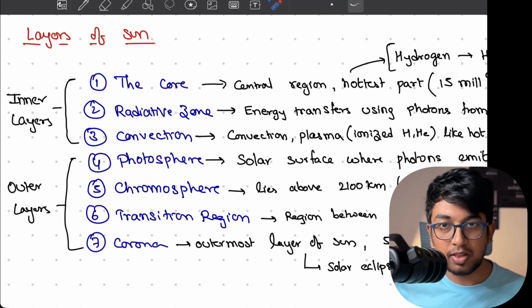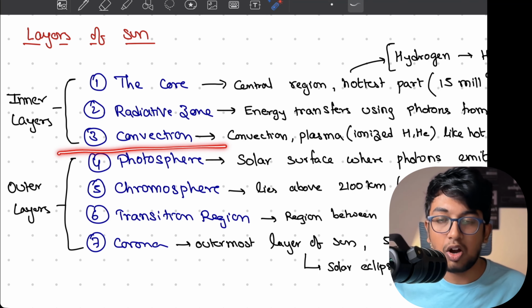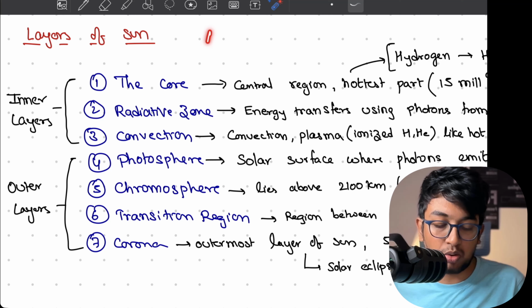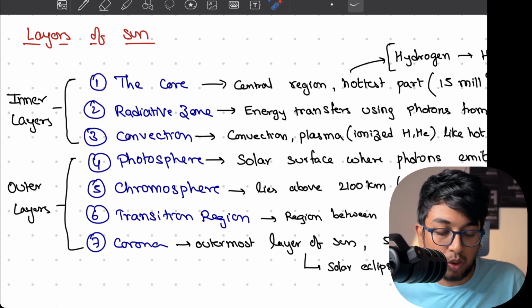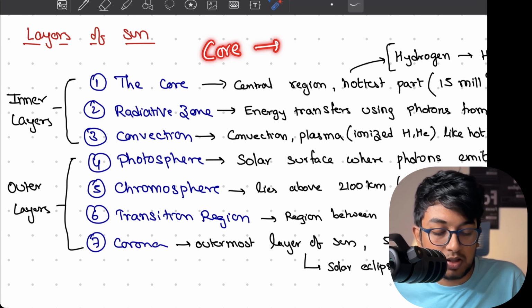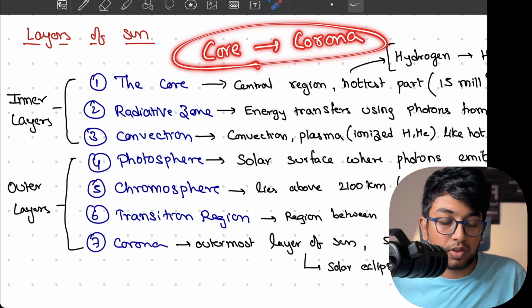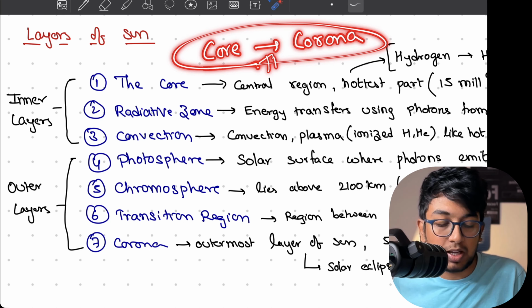You have to mention them, but they basically work as transition layers. First three are called inner layers because they are from the core. This is from the core to the outside corona. So core, and the outer one is called corona. So this corona and the core, we are going to talk about multiple layers. So including these two, we have 7 layers.